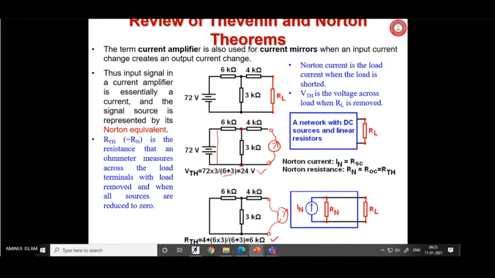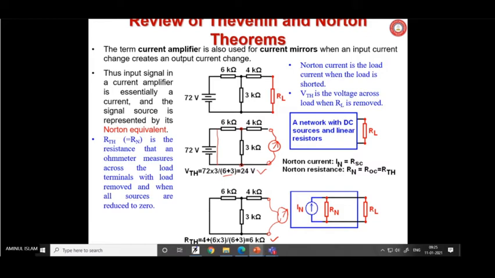Input signal may be applied at this point, very small, in millivolts for example, which has to be amplified by this amplifier, right?